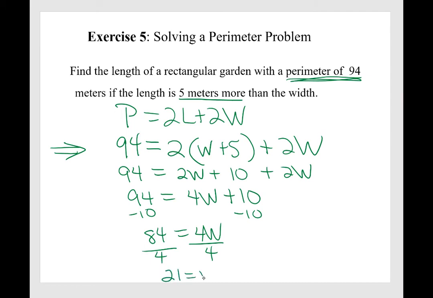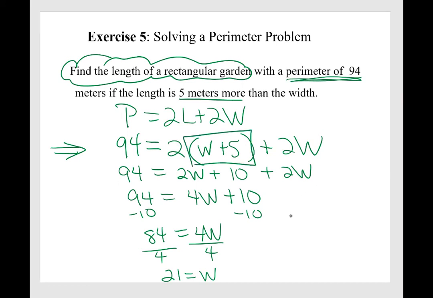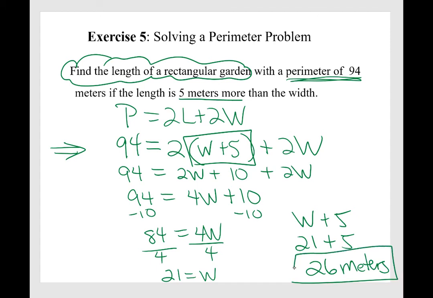So that's 21 equals w. Okay, so I've solved the equation. Now let's go back and answer the question. They want you to find the length of the rectangular garden. So the length we knew was w plus 5. So w plus 5 is 21 plus 5, which is 26, and this is in meters. So there's my label, 26 meters.